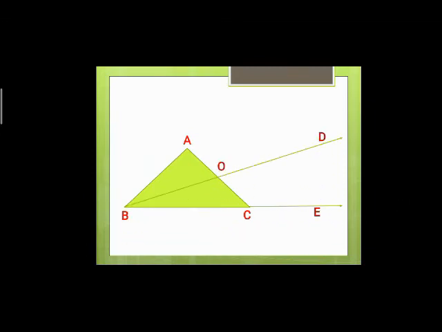So here we have a line segment B to D that cuts the line segment AC at point O. So we say that the line segment BO is equal to the line segment OD, and we also say that the line segment AO is equal to the line segment OC, because of the construction that we already did ourselves.